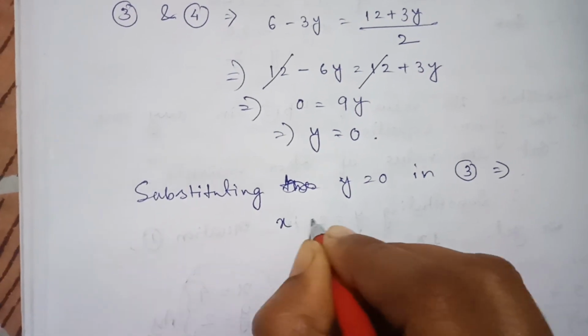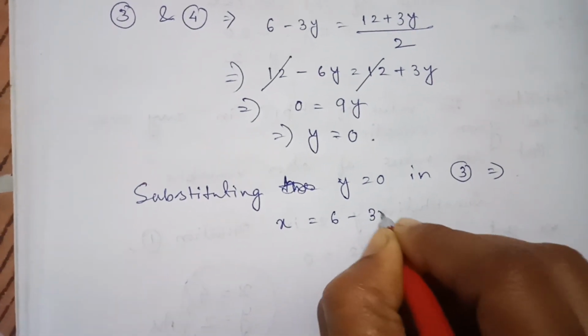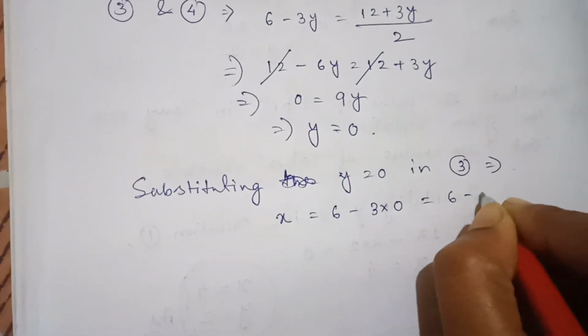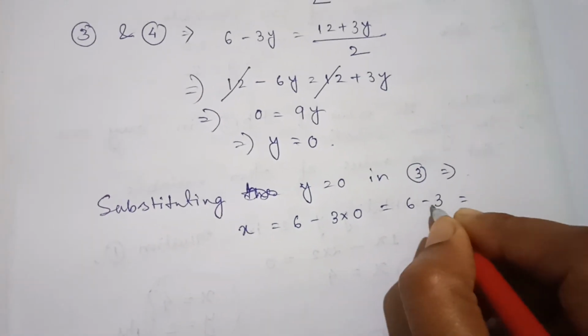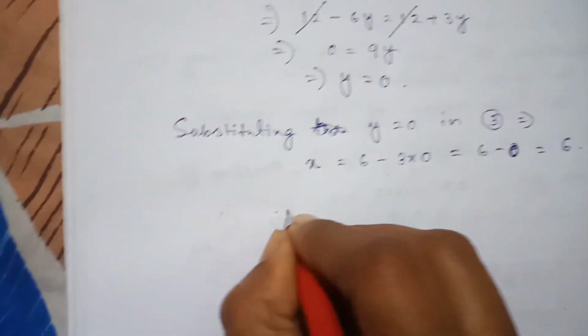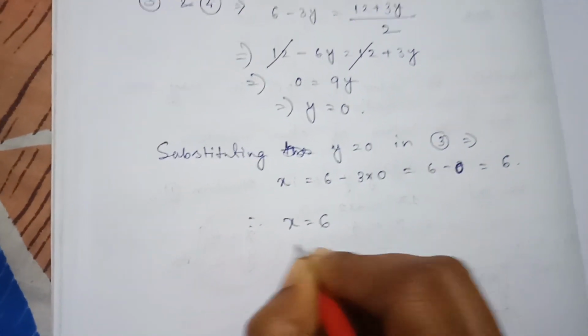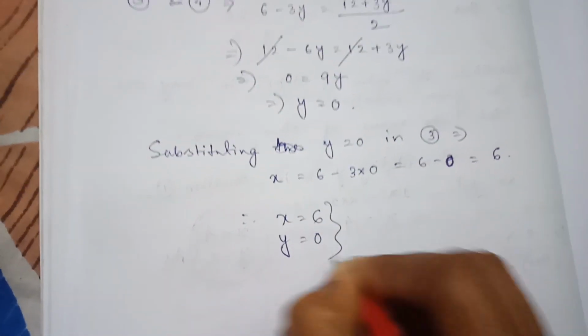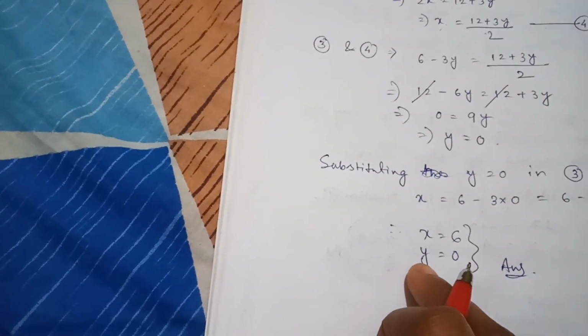Then we are getting x equals to 6 minus 3 into 0. That means 6 minus 0. That means 6. So we are getting x equals to 6 and y equals to 0. This is the answer, and we have performed this by the comparison method.